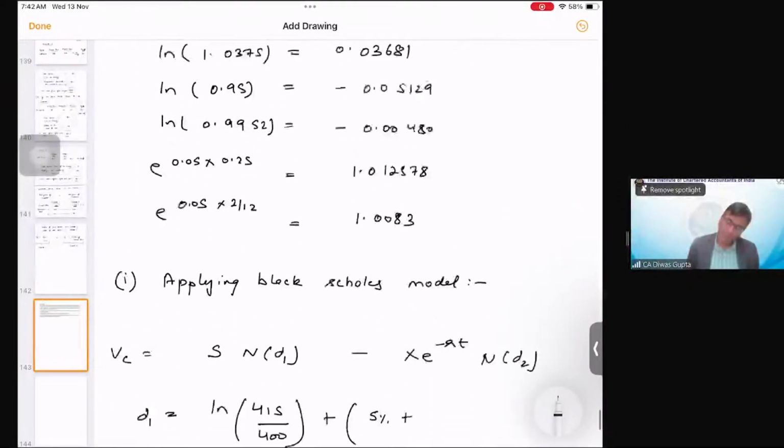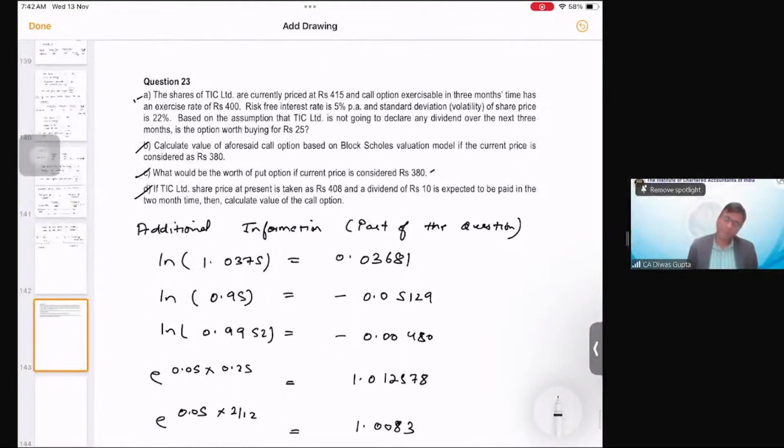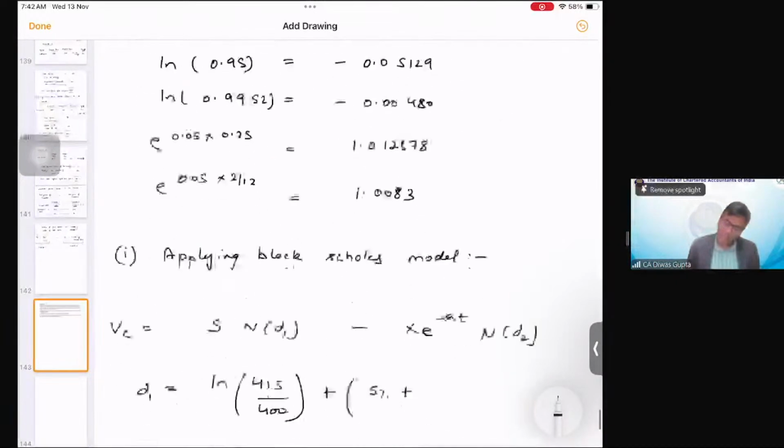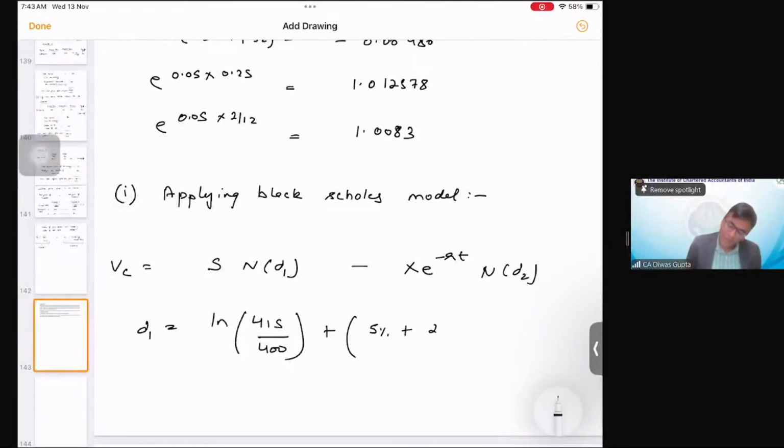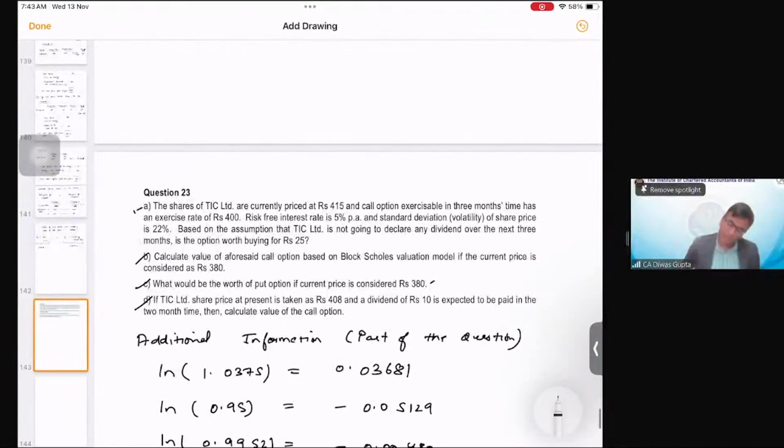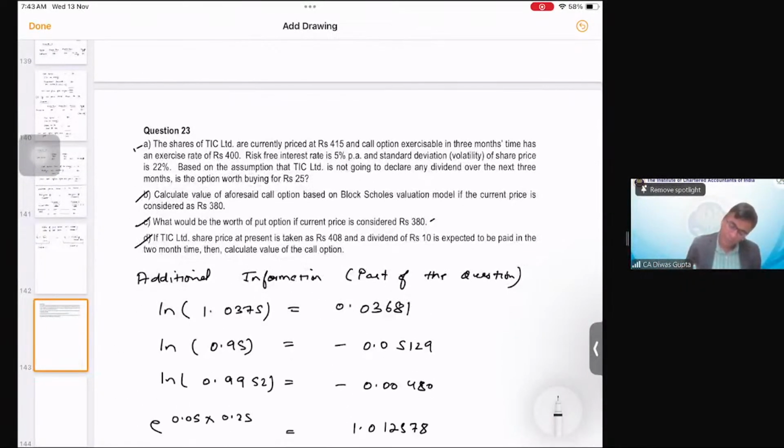So this 5% is the r, plus volatility square, which is 22% square, divided by 2, whole multiplied by the timing factor, which is 3 by 12, because it is going to be exercised in 3 months.